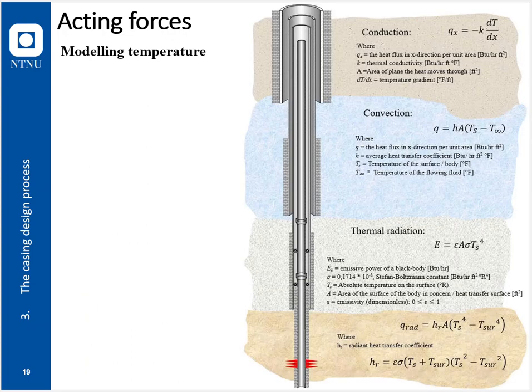As said, there are three main categories, however, four calculations, and they are presented here. These are the calculations that we do in order to find the delta T, delta temperature, change in temperature from what we call initial conditions until we produce.